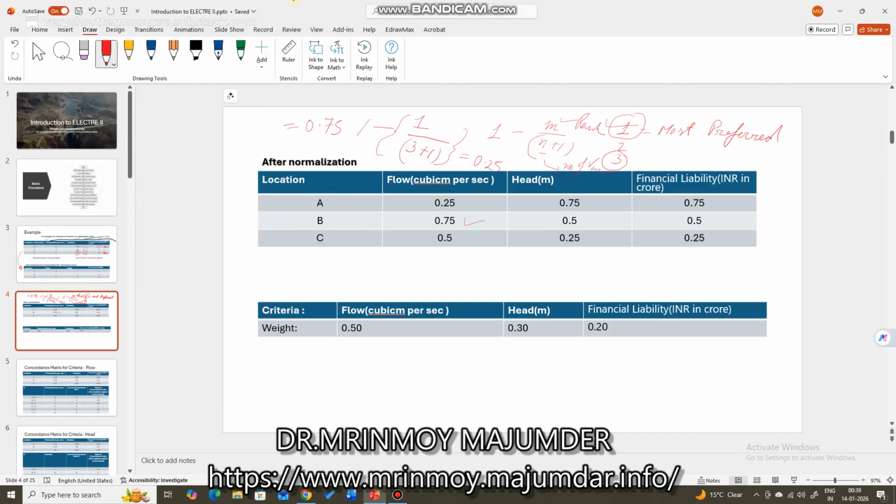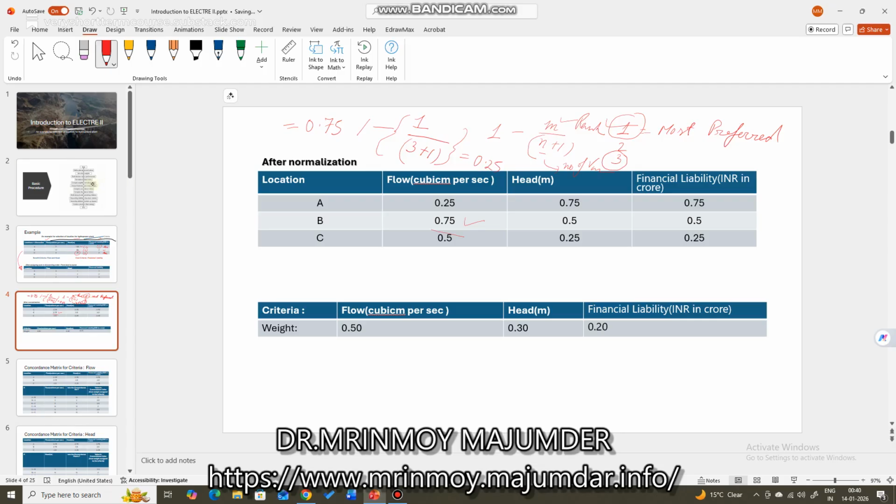So the number one rank is now converted into 0.75. Now 0.25 will be, as you can understand, number 3, and 0.5 will be number 2.